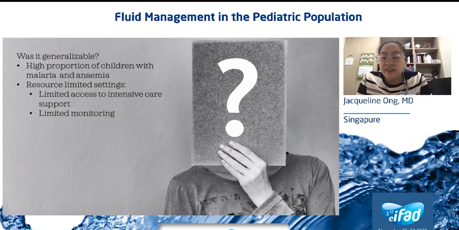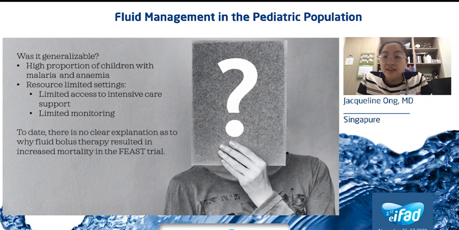To be fair, despite many reanalyses of the data by Dr. Maitland and her group, and then repeating studies in other places with a similar background, I think that to date there are really no clear explanations as to why this has happened in this group. Of course, it's a unique cohort.